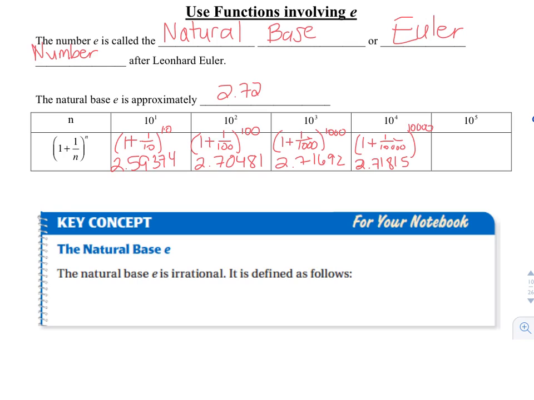If we do 10 to the fifth, that's 100,000. And that should give you approximately 2.71827 if you type that into the calculator.